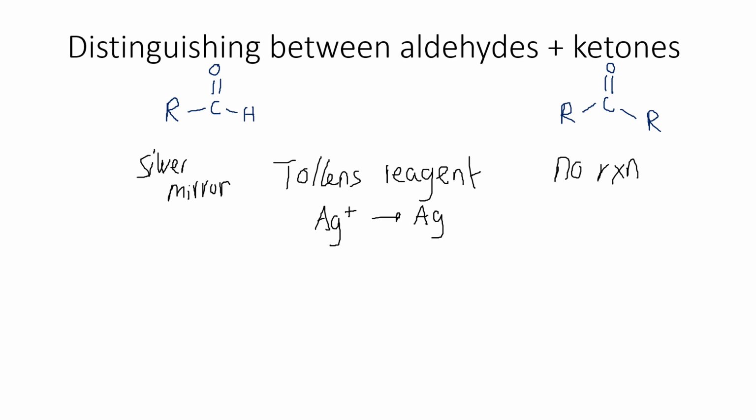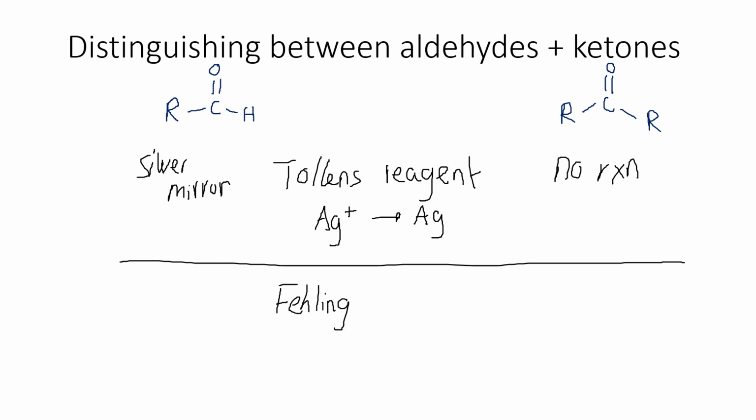So that's the first one. We can use Tollens reagent. The second one is we can use Fehling's reagent. Now Fehling's reagent has the copper 1 plus ion, and it works in a pretty similar way. Or is it copper 2 plus? It's copper 2 plus.